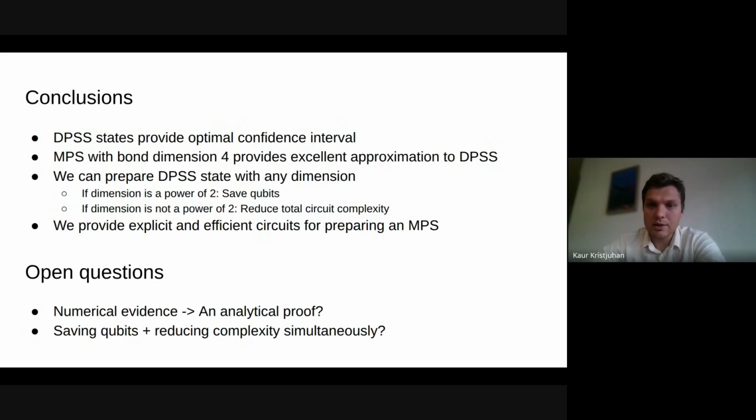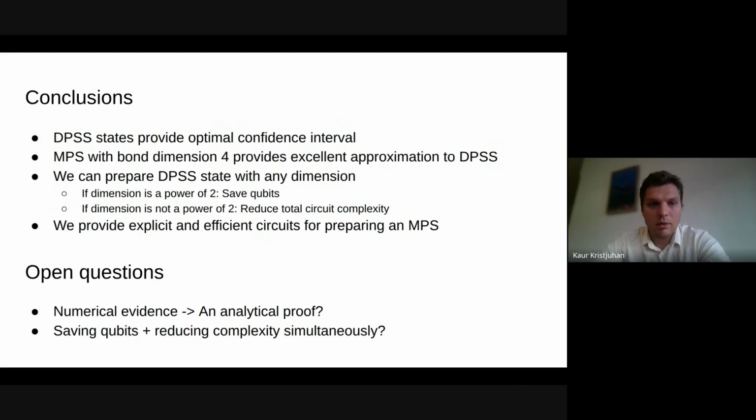On the other hand, if you're not that concerned about saving qubits, but you are very concerned about having fewer applications of U, then we showed how you can adapt this state preparation technique to produce a state which has a dimension that's not necessarily a power of 2. And then you can use that to perform fewer controlled unitary operations, which were the most expensive part of the algorithm.